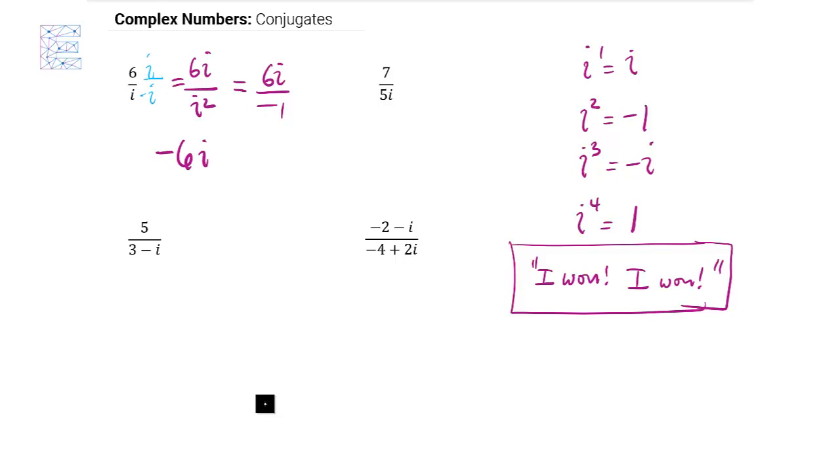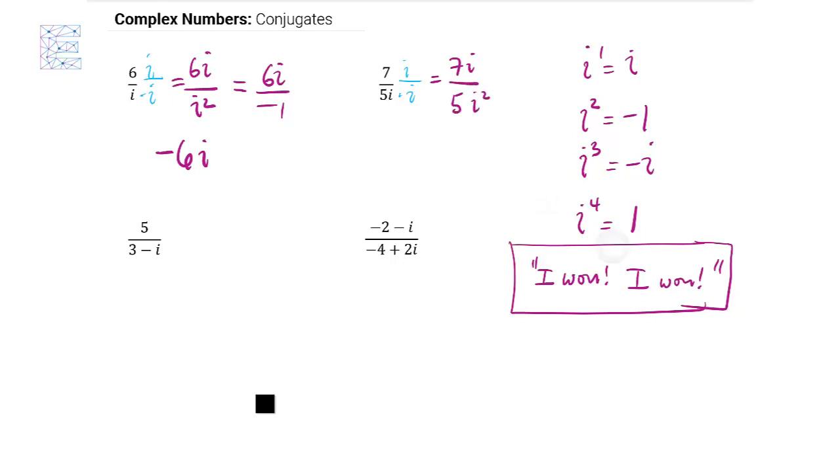The second question is pretty similar to the first one. All we need to do is get rid of this I. The 5 is fine. There's no law against having a number 5 as the denominator. So really our focus here is just how do we get rid of I? Once again, we multiply the denominator by I. If you do that to the denominator, you have to do that same exact thing to the numerator, which means 7 times I is now 7I over 5I squared.